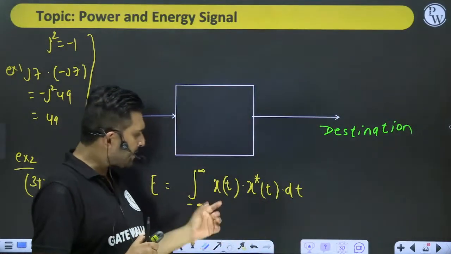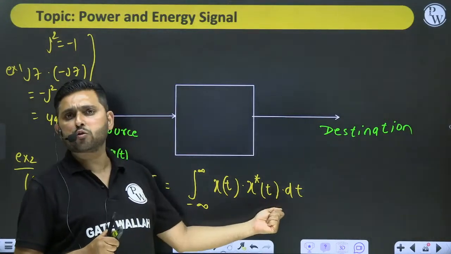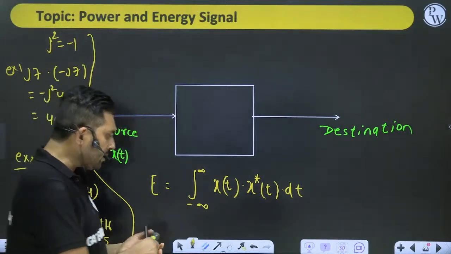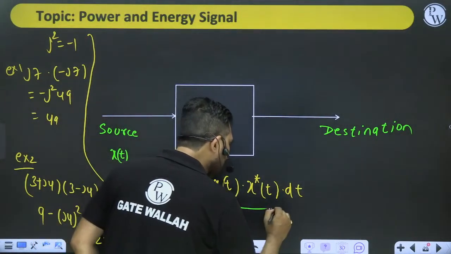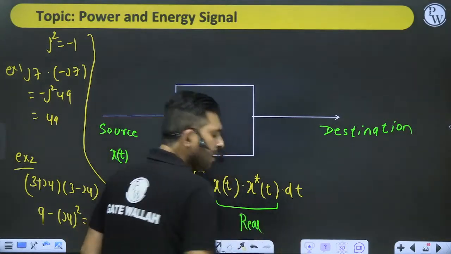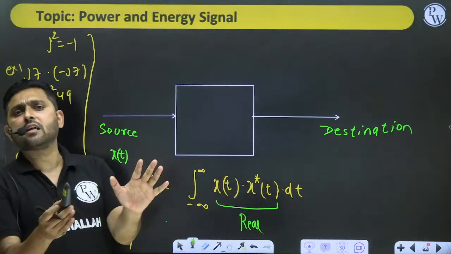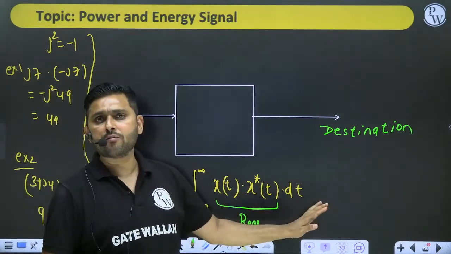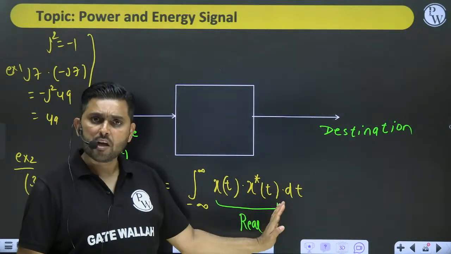So what I am saying is that when you multiply x of t with x conjugate of t, this whole thing becomes real. And energy is nothing but the area under the curve of a real signal. That's the reason why we have to multiply the function with its complex conjugate.